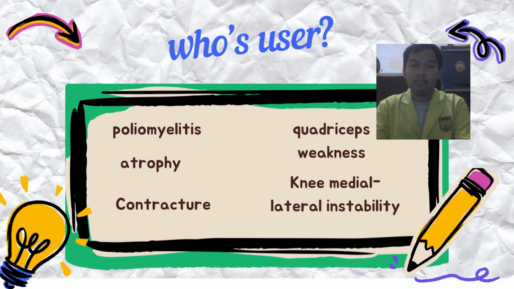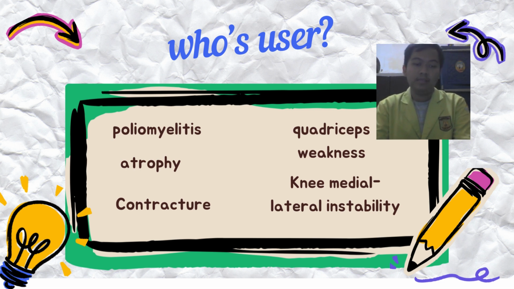And then the fourth is quadriceps weakness. For a patient who has quadriceps weakness, we can prescribe this device, the knee ankle foot orthosis, when it is caused by trauma, accident or injury.